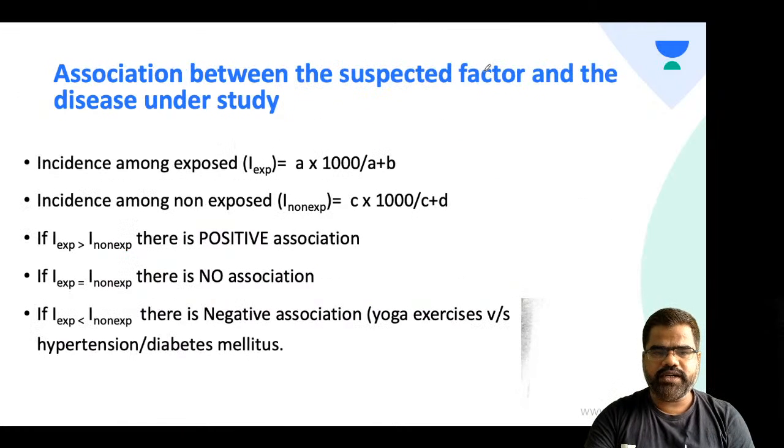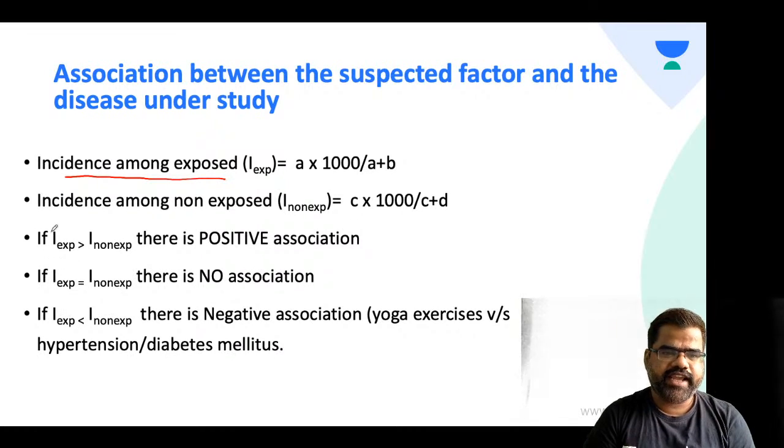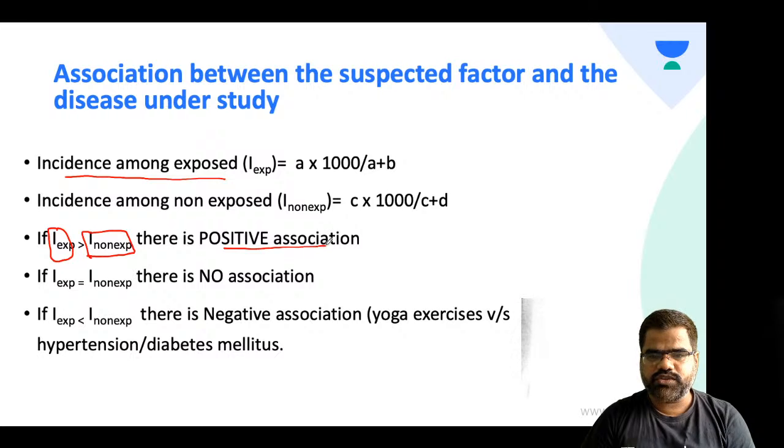The 1000 is the multiplier because we express incidence per 1000. So the exposed group becomes A divided by A plus B, and the non-exposed becomes C divided by C plus D. If incidence in exposed is greater than non-exposed, there is a positive association.